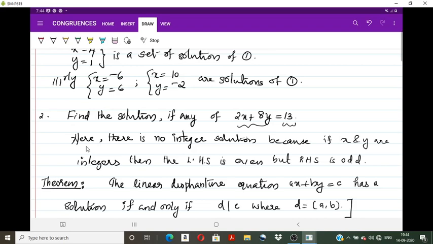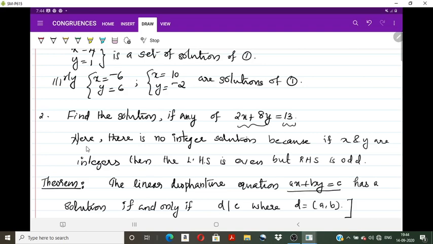Now there is a theorem which tells us when a linear Diophantine equation is solvable, how many solutions it has, or what the form of the solution is. The linear Diophantine equation in two variables, that is ax plus by equal to c, has a solution if and only if d divides c, where c is the integer on the right-hand side, and d is the GCD of a and b.